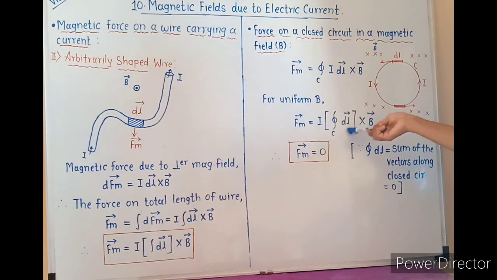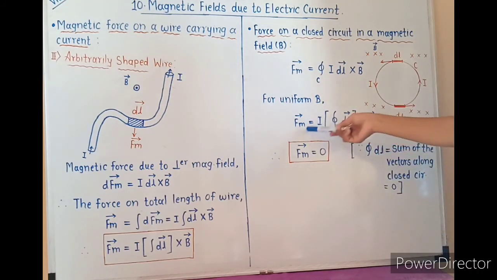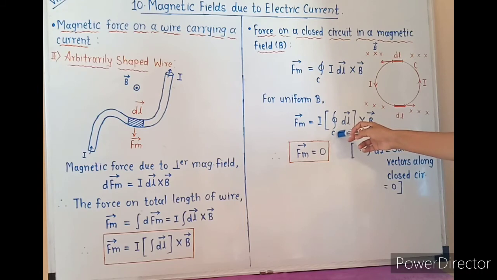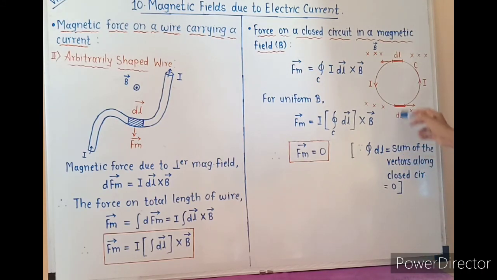These two terms, dl bar cross B bar, show the direction of the magnetic force. Now this integration over closed path of dl bar is always 0, because the sum of the vectors along the closed circuit is always 0.